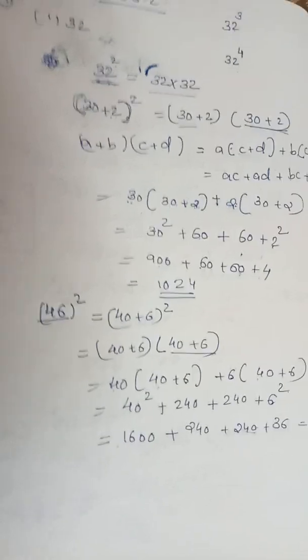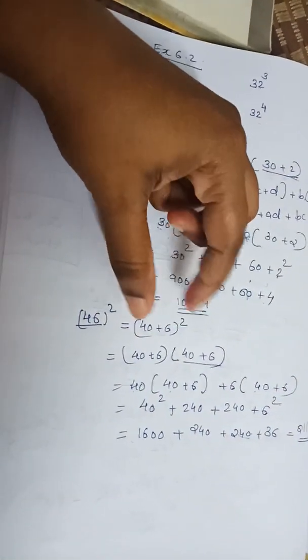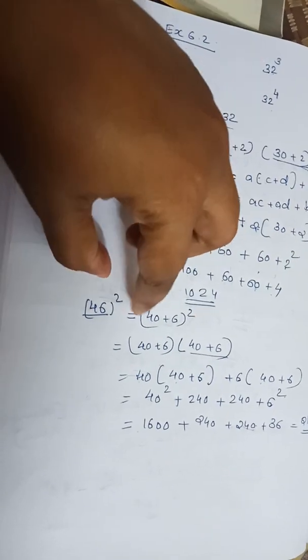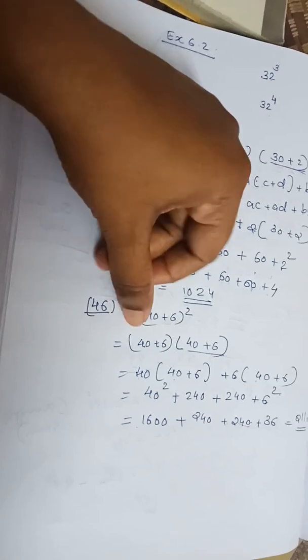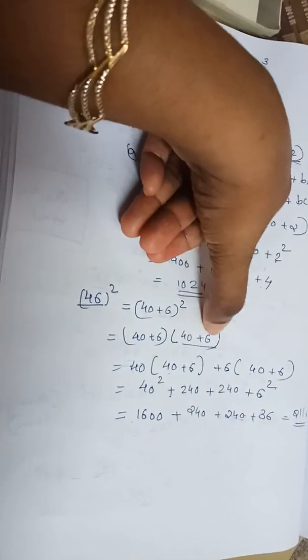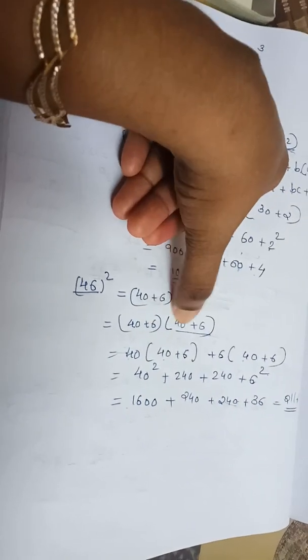For the rest of the questions you can apply the same method. First split the given number into two parts and apply the whole square method. Then multiply the same number, 40 plus 6, two times: first 40 into 40 plus 6, plus the second number, 6 into 40 plus 6.